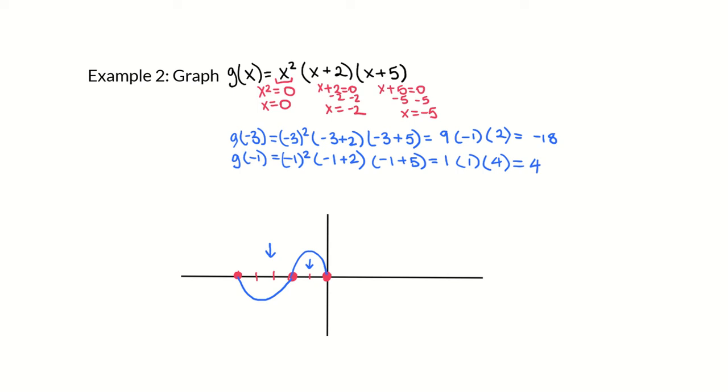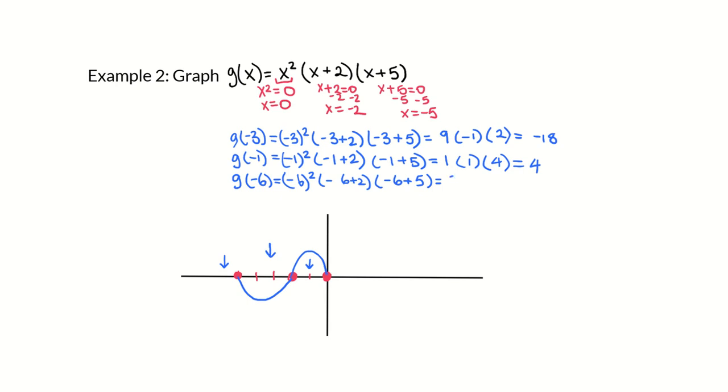And now we can choose a point on either side to determine the end behavior. So a number that we could choose to the left of negative 5 would be negative 6. So we find g of negative 6, which is negative 6 squared times negative 6 plus 2 times negative 6 plus 5.